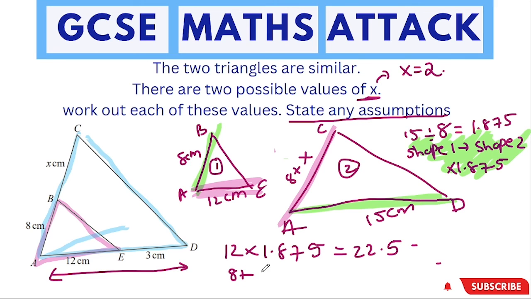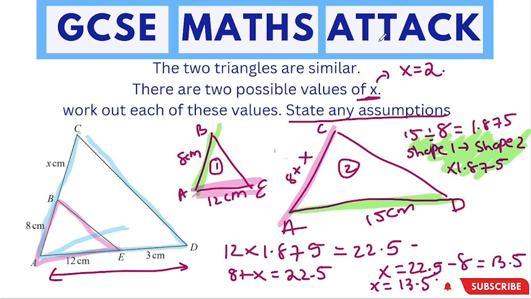So 8 plus x will equal 22.5. Now if I take the 8 to the other side, x is 22.5 take away 8, which is equal to 14.5. So we can assume x is equal to 14.5. So x can also equal to 14.5.